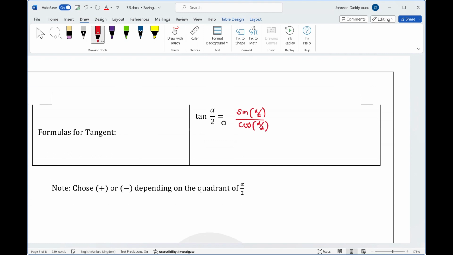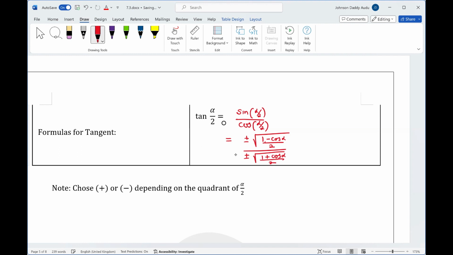But what is this? This is just plus minus root of 1 minus cosine alpha over 2, then divided by the same thing, plus minus root of 1 plus cosine alpha all over 2.